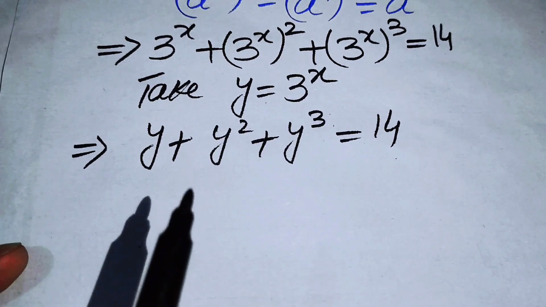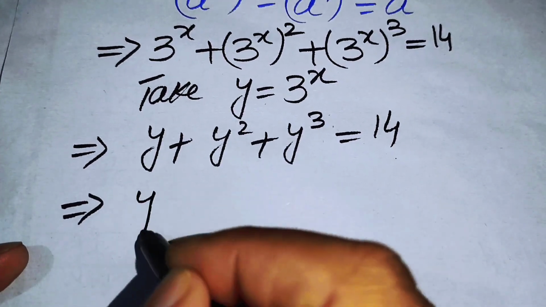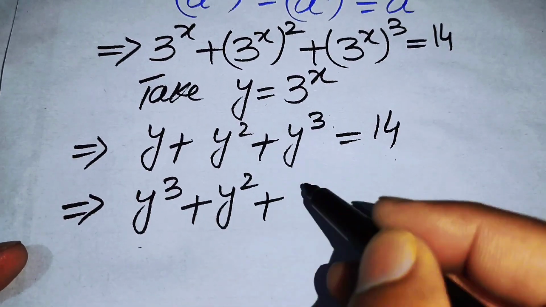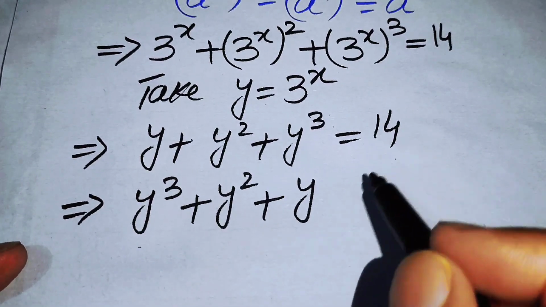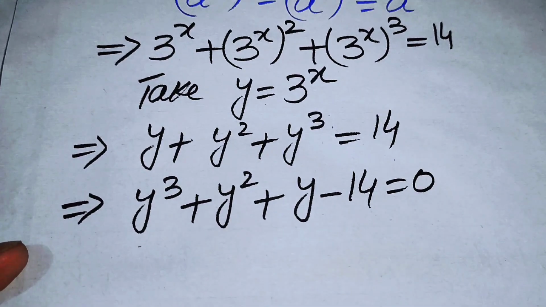So now we rearrange the terms and we get y cubed plus y squared plus y, and we move this 14 to the left hand side and you get minus 14 is equal to 0.